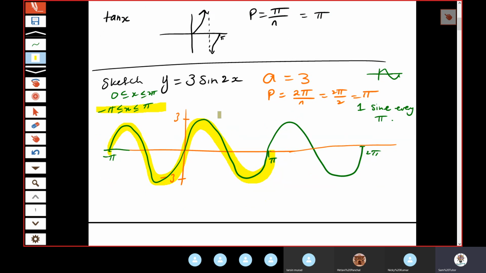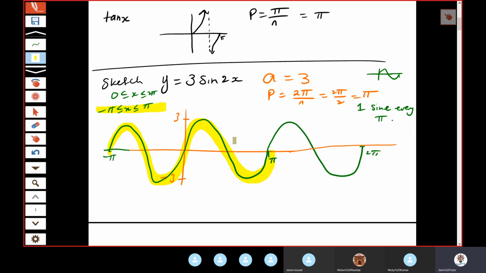Have I lost anyone? Or does anyone not get this? Or does someone go, yeah, I actually fully get this? Yeah, it makes sense. So you get it from the way I've said it. Amplitude, go up 3, go down 3.